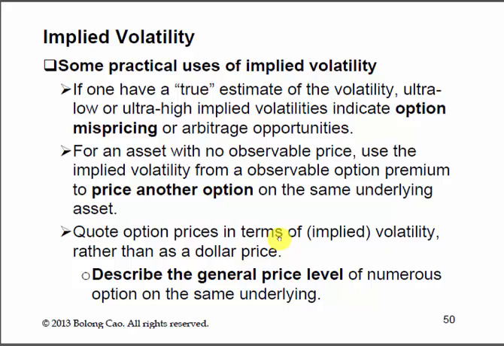So the implied volatility level, at what level of volatility you're calculating the option premium, basically tells people how much you value all different kinds of options. It basically describes the general price level of numerous options on the same underlying.